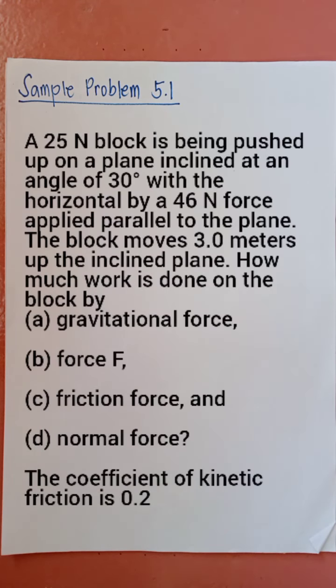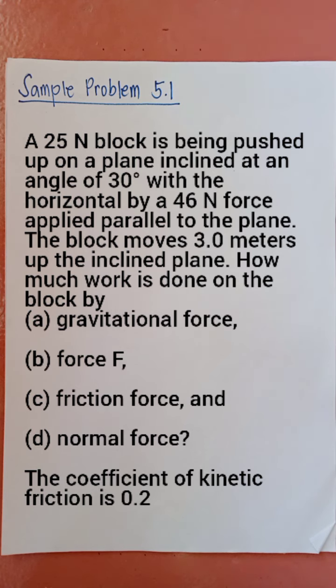Okay, so we will start with sample problem 5.1. It states here that a 25 newtons block is being pushed up on a plane inclined at an angle of 30 degrees with the horizontal by 46 newtons force applied parallel to the plane.